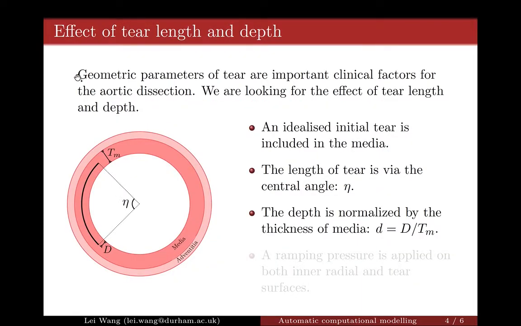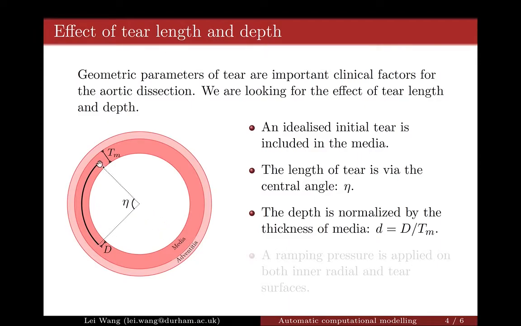The motivation of this study is that the geometrical parameters of a tear are important clinical factors for the diagnosis and treatment of aortic dissection. In this study, we consider the cross-section of the aortic wall. It includes a two-layer structure, and each layer has different mechanical properties.